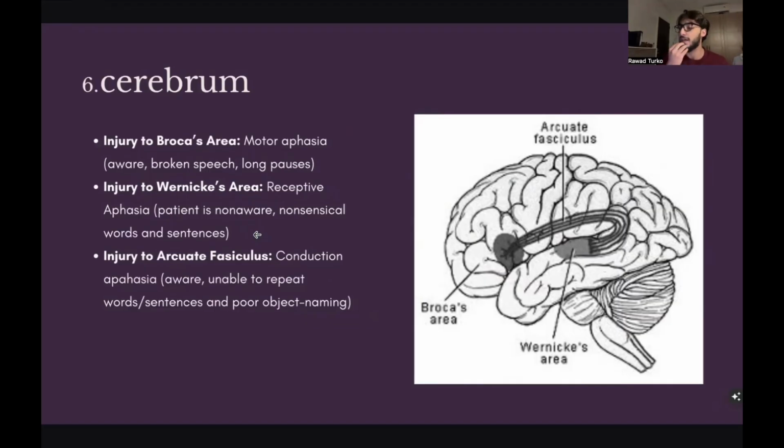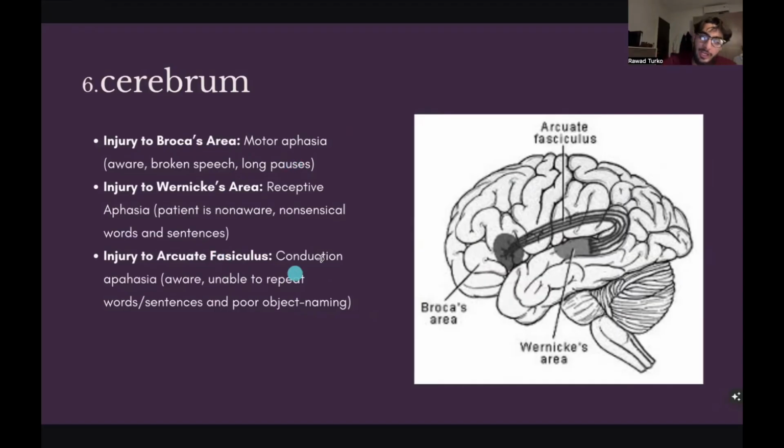So he's able to speak, the words are coming out, but they're nonsensical words and sentences. You'll see people or books refer to this as a word salad. People are just putting words together that don't make any sense together. Again, the key differentiator here is that the patient is not aware in Wernicke's area that there's anything wrong, whereas with an injury to Broca's area, they're not able to get the words out at all.